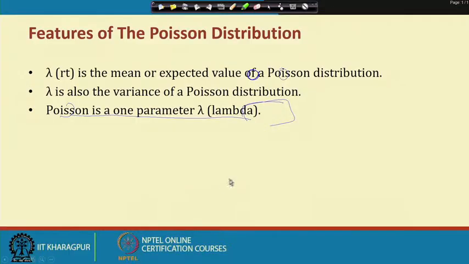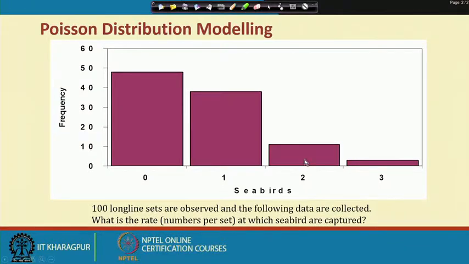If the mean and variance of this parameter are not the same, then you have to differentiate and choose a particular technique as per the requirement. Now, moving on, I will give you simple examples of the situations of the Poisson distribution.